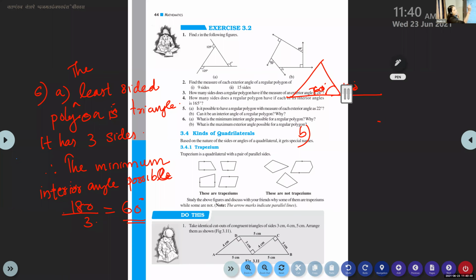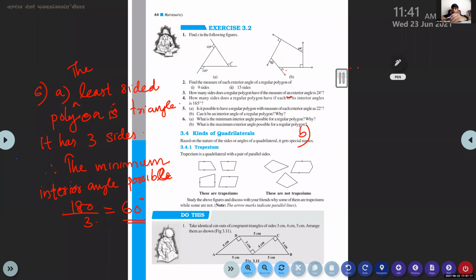If it is 100, 80. So as the interior angle increases, exterior angle decreases. So the smallest interior angle is 60 degrees. So what is the largest exterior angle? 120 degrees. So the maximum exterior angle possible for a regular polygon is 120 degrees.